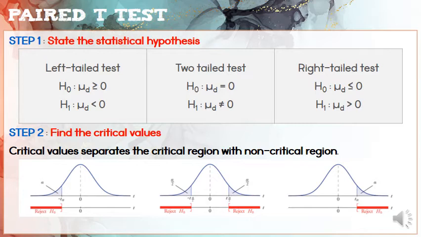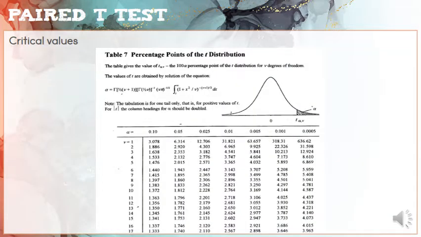Next, in step 2, we should find our critical values, where if the value is within the critical region, we reject our H null. If it's not, we do not reject our H null. So to find our critical values, please refer to T distribution table, no matter the size or whether the population variance is known or unknown.